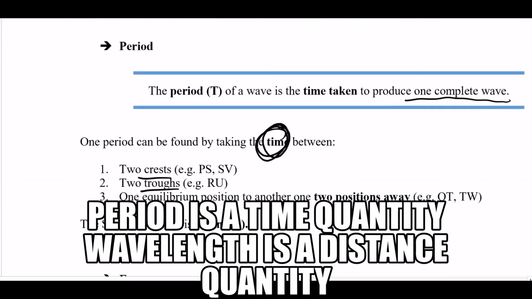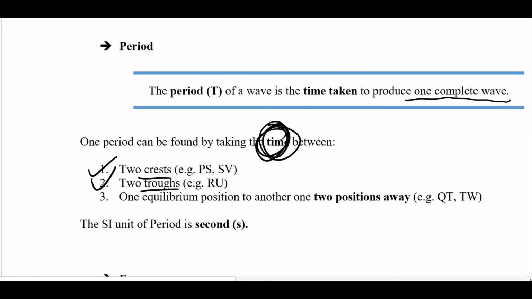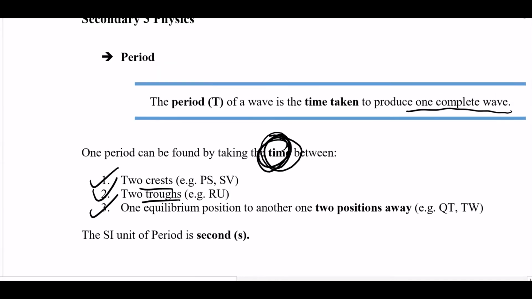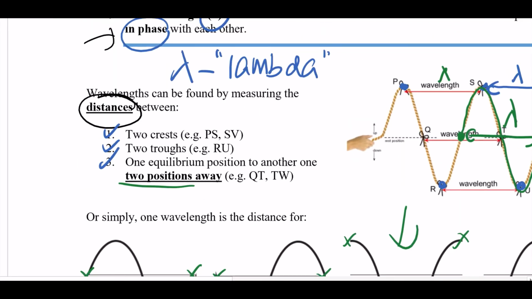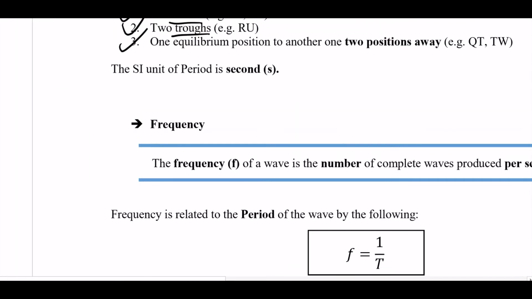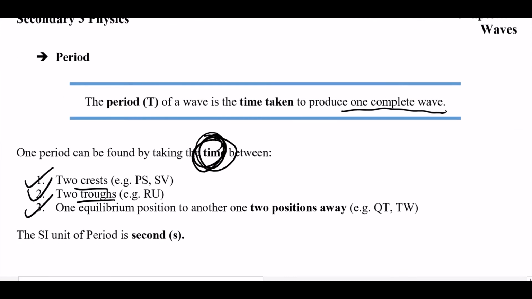Period is the time between two crests or two troughs. Number 3 is the same. Between equilibrium points that are two positions away is the same as point number 3 for wavelength, but wavelength is the distance. Here we're measuring time. So that's period for you.